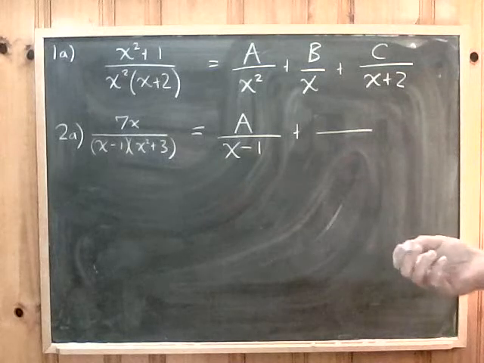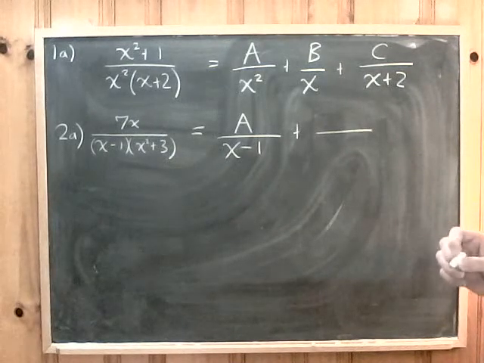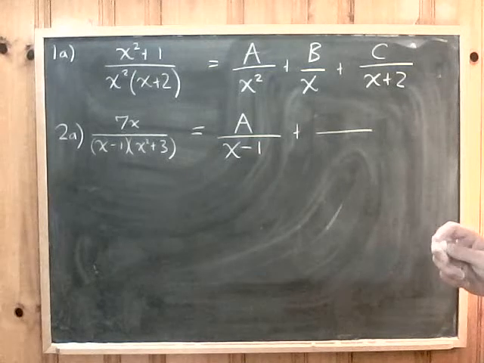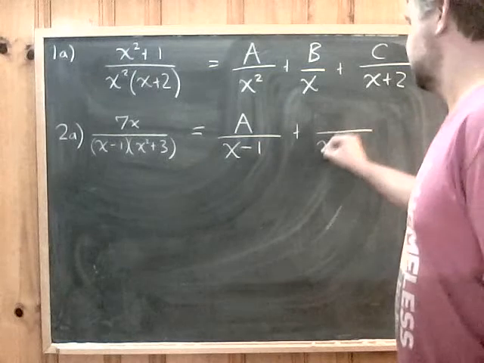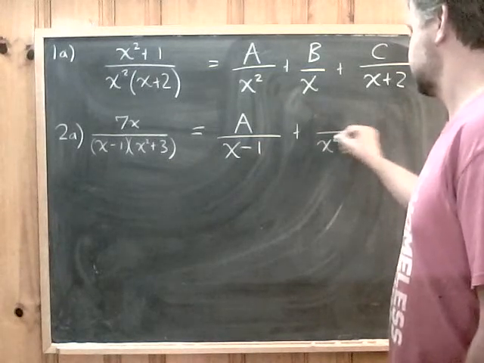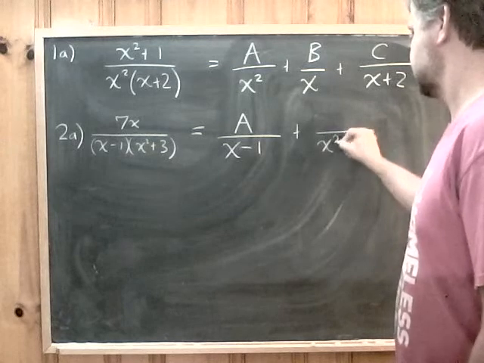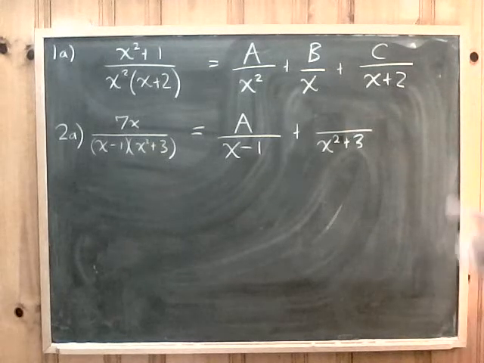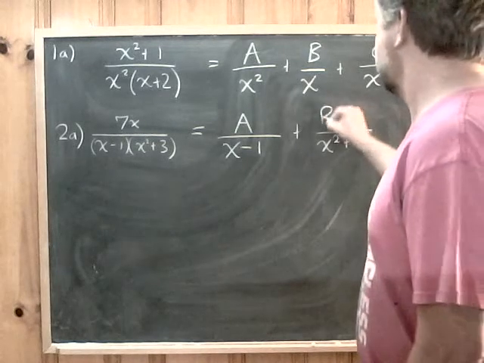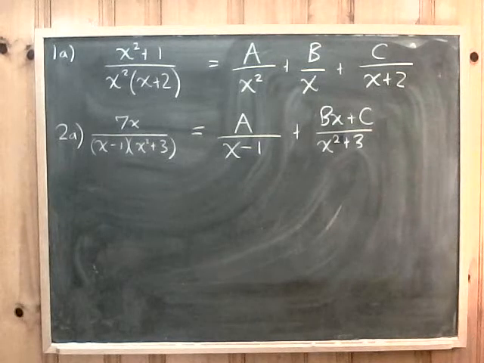If you look at the graph of x squared plus 3, it never touches the x-axis. So I have to keep it. It's irreducible. And now that denominator, x squared plus 3, is of degree 2. So I do need a Bx plus C as the numerator there. It's one degree down.